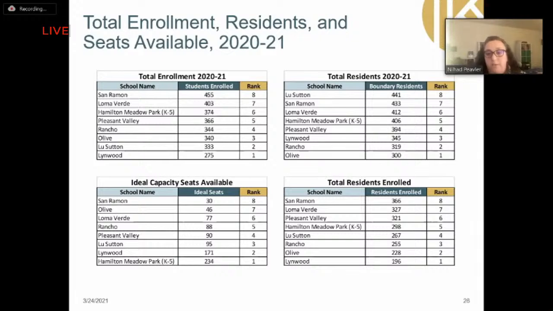Anyone who transfers out of Hamilton is crossing a freeway. So it's a concern for the economically disadvantaged because of transportation. I think it should be a priority for us to make sure that those schools' demographics and their transportation is looked at.